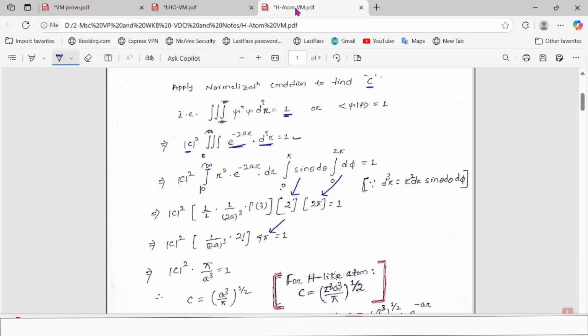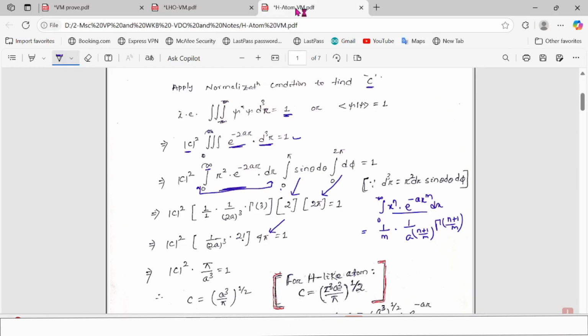Now this radial integration value will be 1 by 2A to the power 3, gamma 3. Why? We already know that the integral from 0 to infinity of x to the power n into e to the power minus a x to the power m dx is the gamma function integration, which is 1 by m into 1 by a to the power (n plus 1) by m, gamma of (n plus 1) by m. Just compare this integration and that integration.